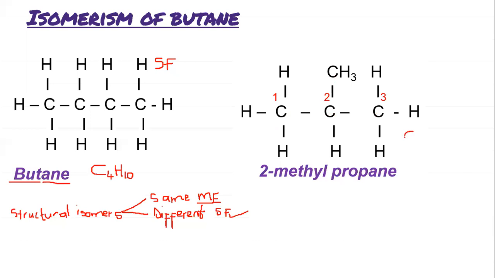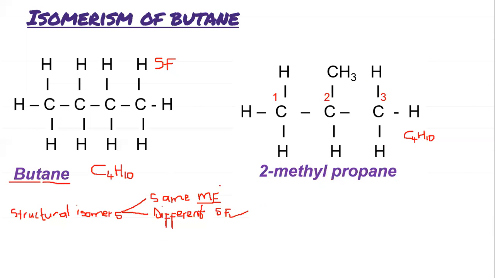So that will be C4. Then the number of hydrogens, I have 1, 2, 3, 4, 5, 6, 7, plus these 3 hydrogens. So it's also H10. So I can see again that the molecular formula of butane is the same as the molecular formula of 2-methyl propane.